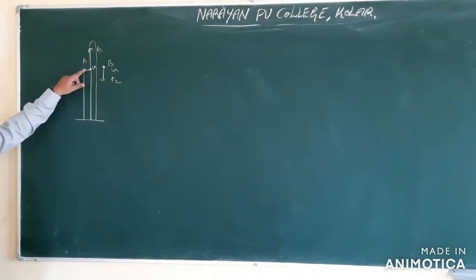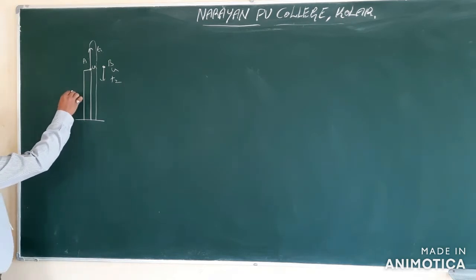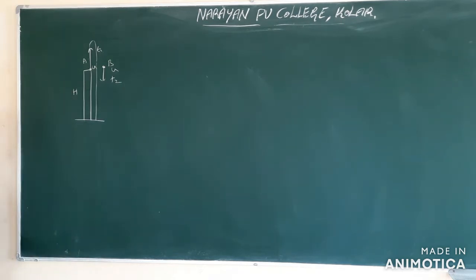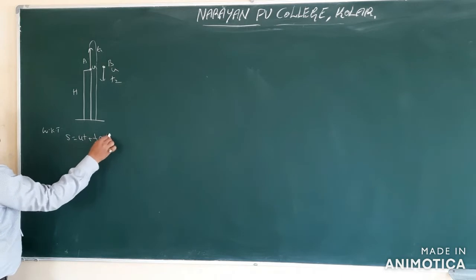In the case of an object vertically projected from the top of a tower, we already applied some equation. If h is the height, then this height we have taken as negative, minus h. Already I gave the derivation for that, so directly I am writing. We know that s is equal to ut plus half a t squared.